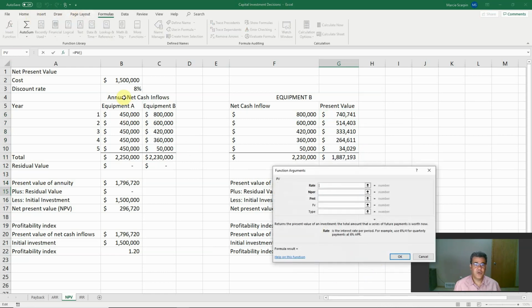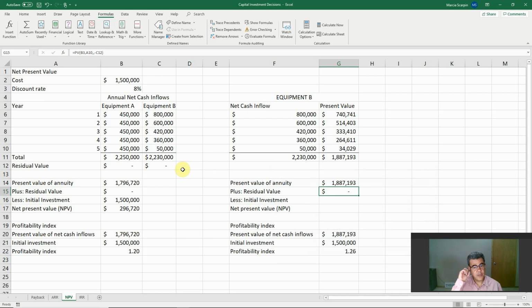Present value, rate 8, number of periods still 5, PMT nothing, future value, this one. Less initial investment, $1.5 million. And then the net present value is the present value of the annuity plus residual value less investment.